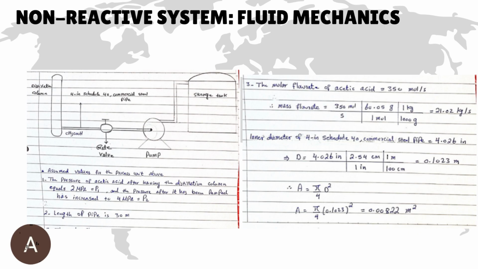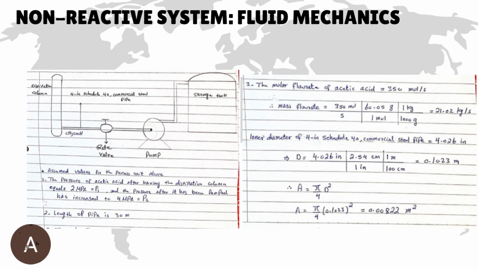And then from there we calculated the velocity and then the Reynolds number, which was over 4,000, turbulent flow, and then we calculated the friction factor and then the total energy loss. Then we used the Bernoulli equation along with some assumptions.